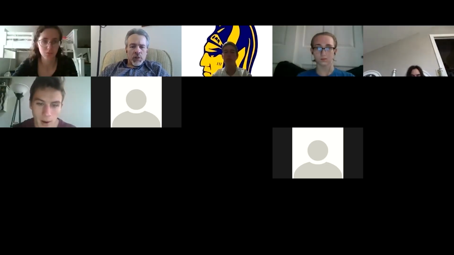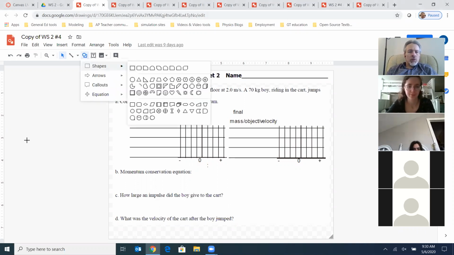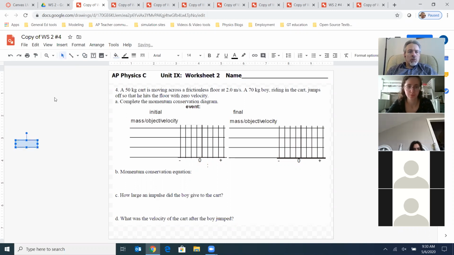Okay, I think everybody's back now. I'm going to go ahead and share my desktop with you. So again, this was the problem. We have this kid that's jumping off of a cart. So I always think it's a good idea to sketch a picture so you can at least imagine what's going on. So we have this cart that's moving around. It has this kid on it. So let's say here's the kid.